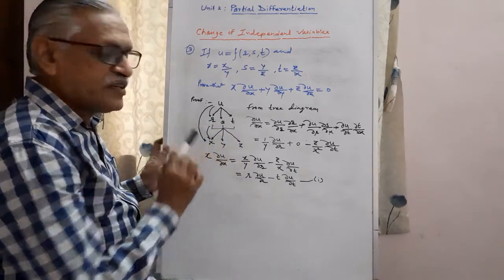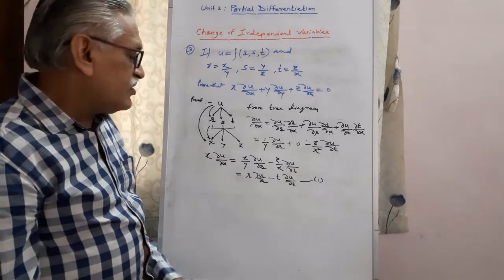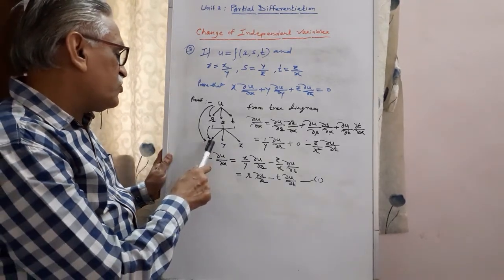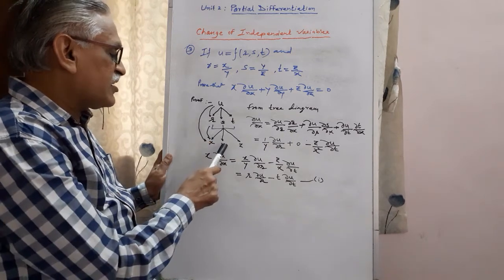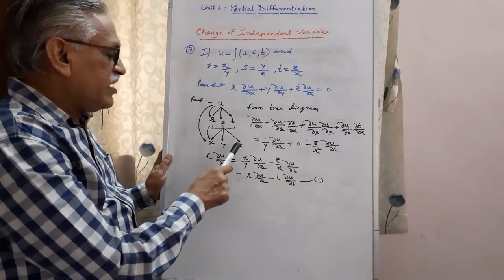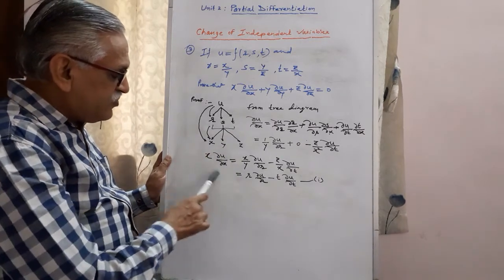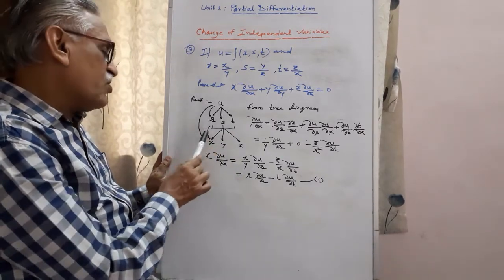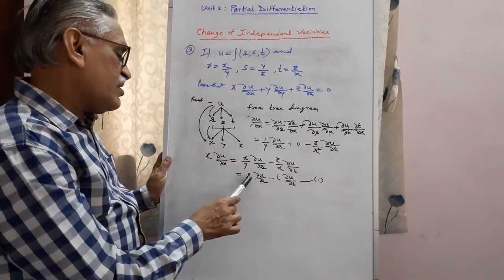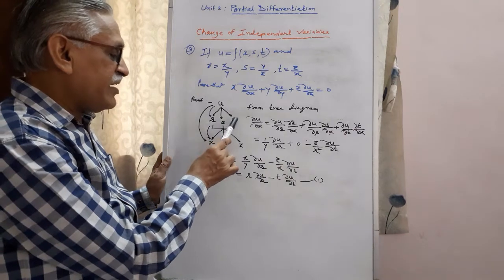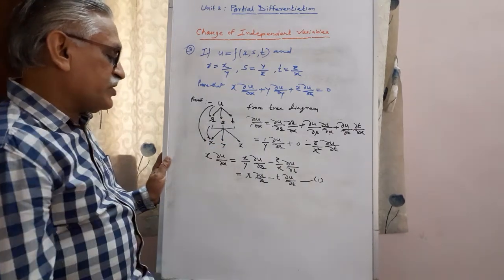Every time the coefficient is 1. Therefore, see the correspondence. Corresponding to x, r is there. Corresponding to y, s is there. And corresponding to z, t is there. And then when we are writing the derivative with respect to x, what terms do we have? r ∂u/∂r. The second is absent, and then t into ∂u/∂t.